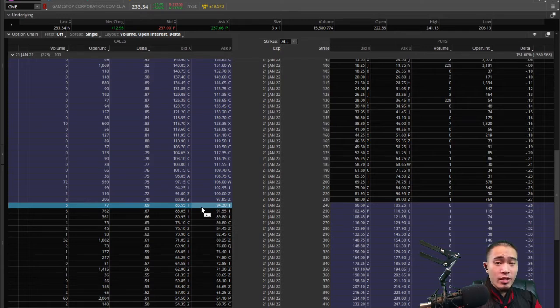Now, if we look at the options contract for GME at the $240 strike for January 21st, 2022, it only costs $9,430. So by buying this contract, you would be saving yourself $13,870 than if you just straight up bought 100 shares of GME.